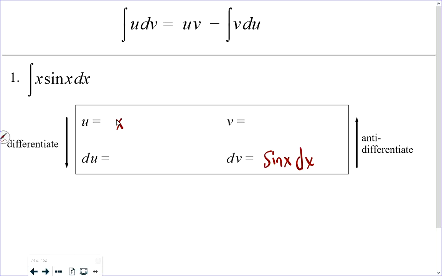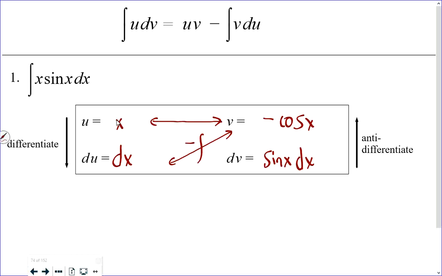And this way, everything is represented. That dx, nobody asked before, but that dx when we were doing it with the function notation was always just something that we had to write. Here, there's a reason for it. What is the derivative of x? Dx. What is the antiderivative of sine x dx? Negative cos x. Look at what happens now when we use this thing that I showed you, that minus the integral of that.